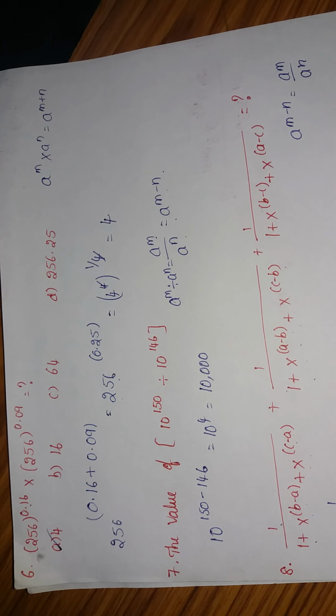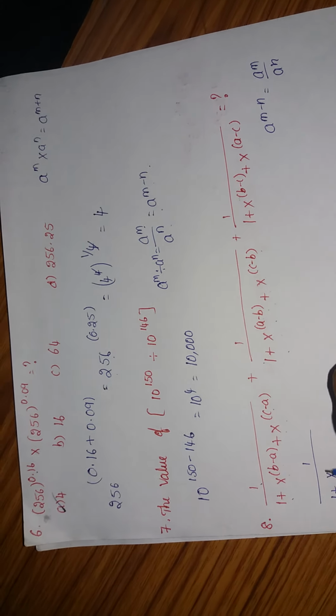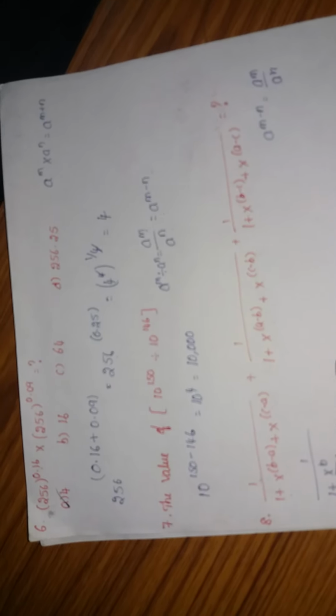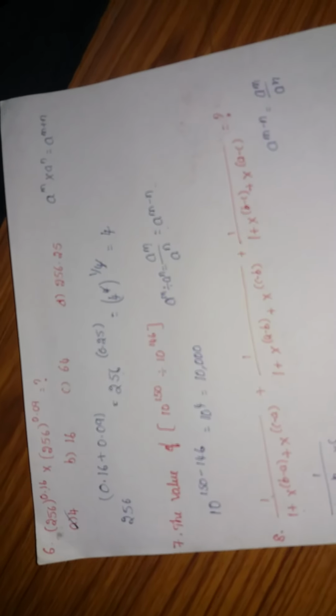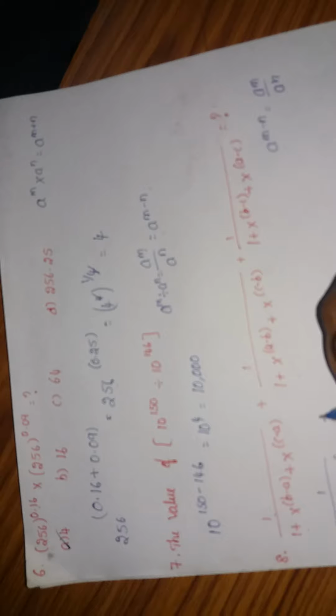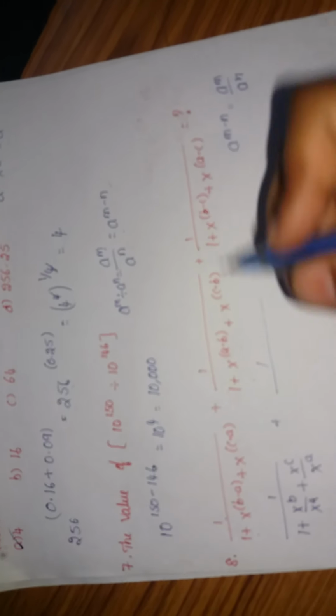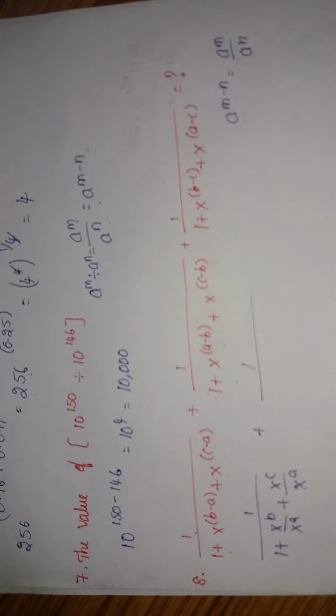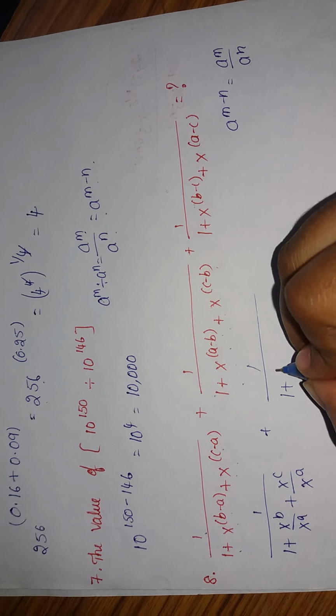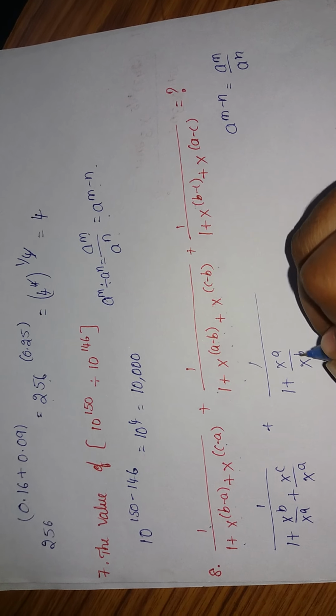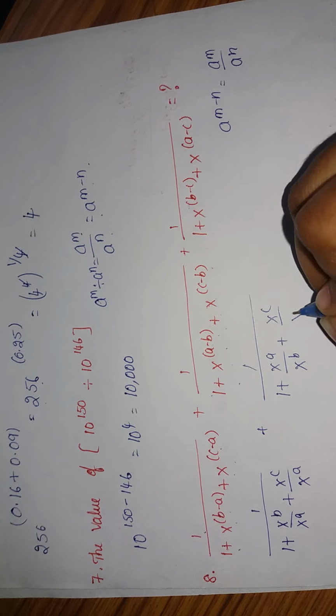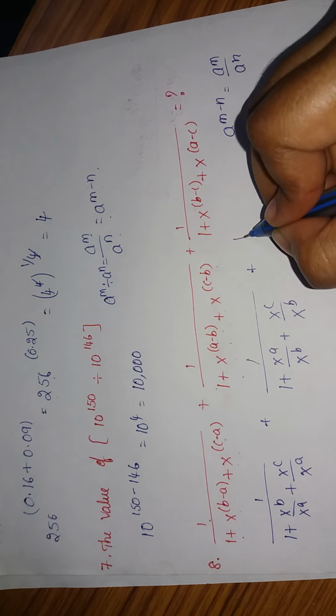So it can be written as 1 plus x power of b by x power of a, x power of c by x power of a. In the same manner, we have to expand all these terms. 1 plus x power a by x power of b, x power of c by x power of b.